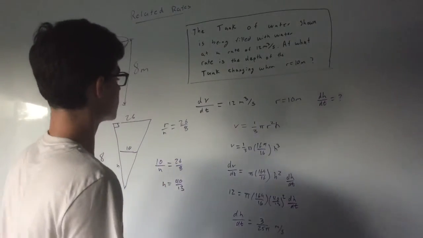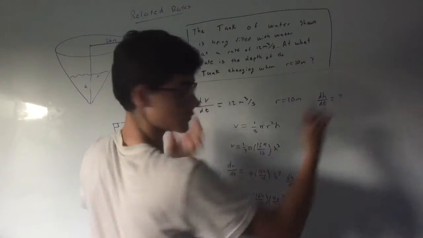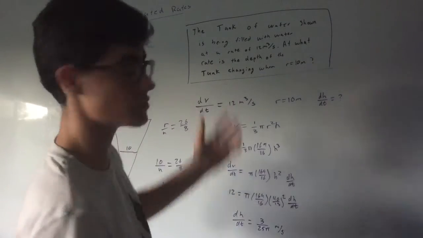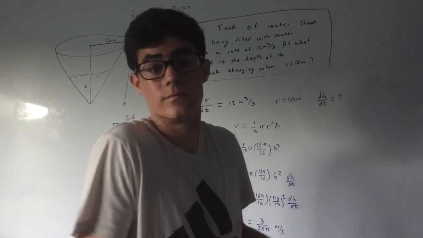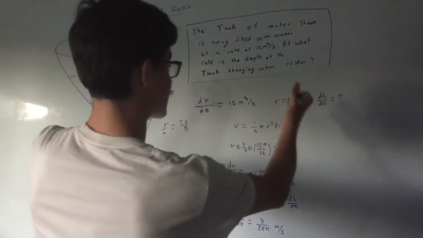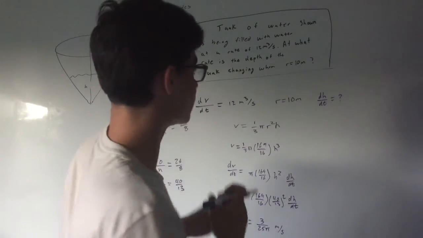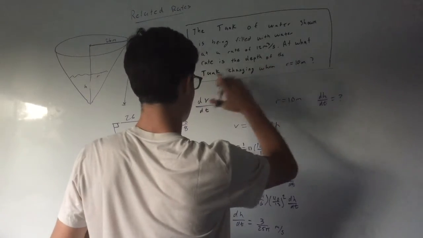Okay. So everything seems to be working. I used all my variables that they gave me. That's always a good sign, because if you don't use a variable, chances are you're missing some part of it, or you made a shortcut. And so then the most important step in this whole verification process is, at what rate is the depth of the thing changing?